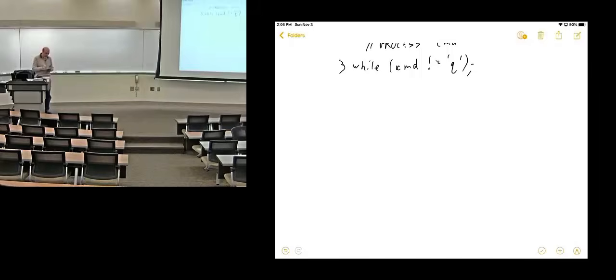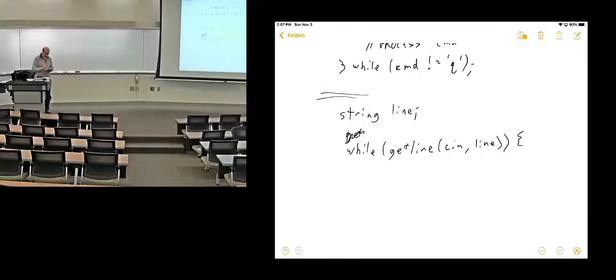And the way you do that is there's a version of getLine. So let's say I have string line. I would do while getLine of cin, comma, line. That would be my while loop if I want to read the whole line.